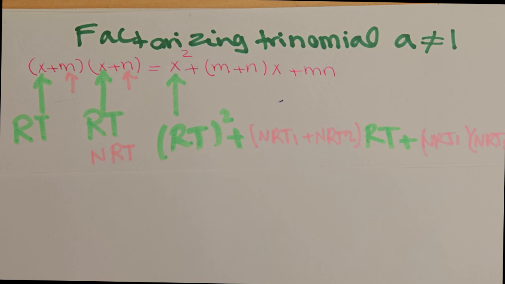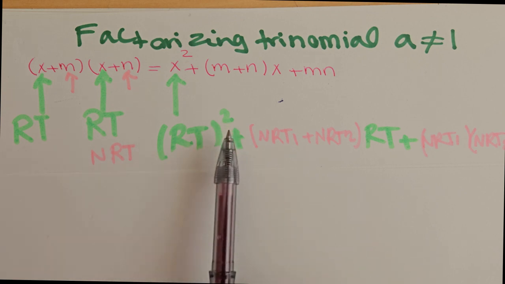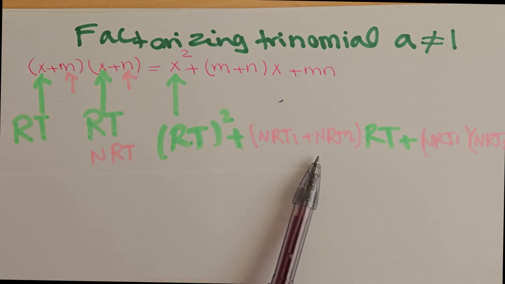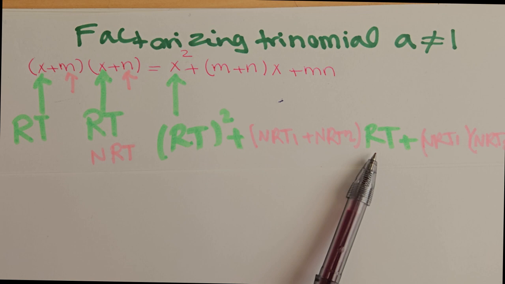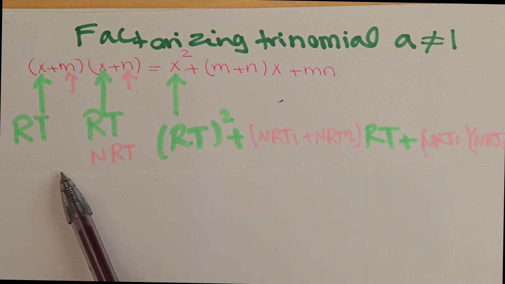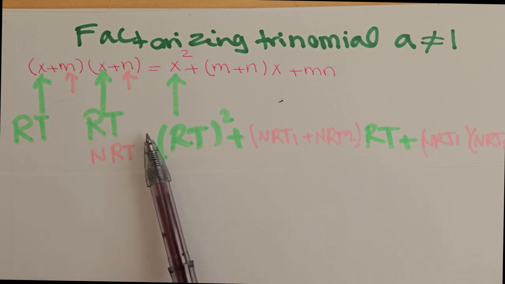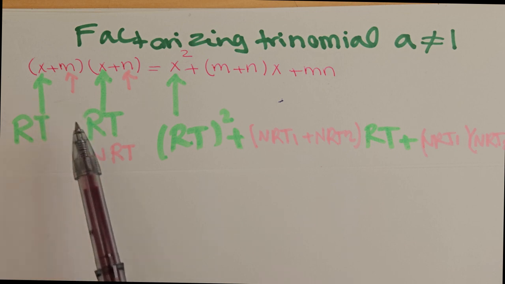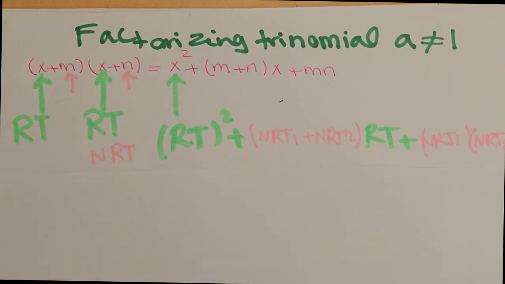So once more, if you have the repeating term to the power 2 plus the addition of two non-repeating terms multiplied by the repeating term plus the product of the two non-repeating terms together, you can factorize it into two brackets, where each bracket contains the repeating term plus one of the non-repeating terms. This is the general form.